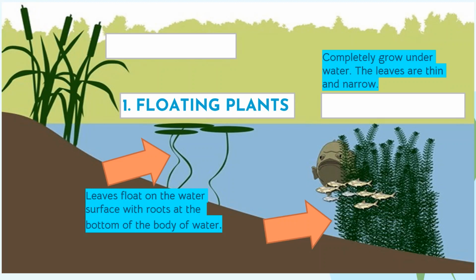Completely grow underwater. The leaves are thin and narrow. What is it? This is a submerged plant.